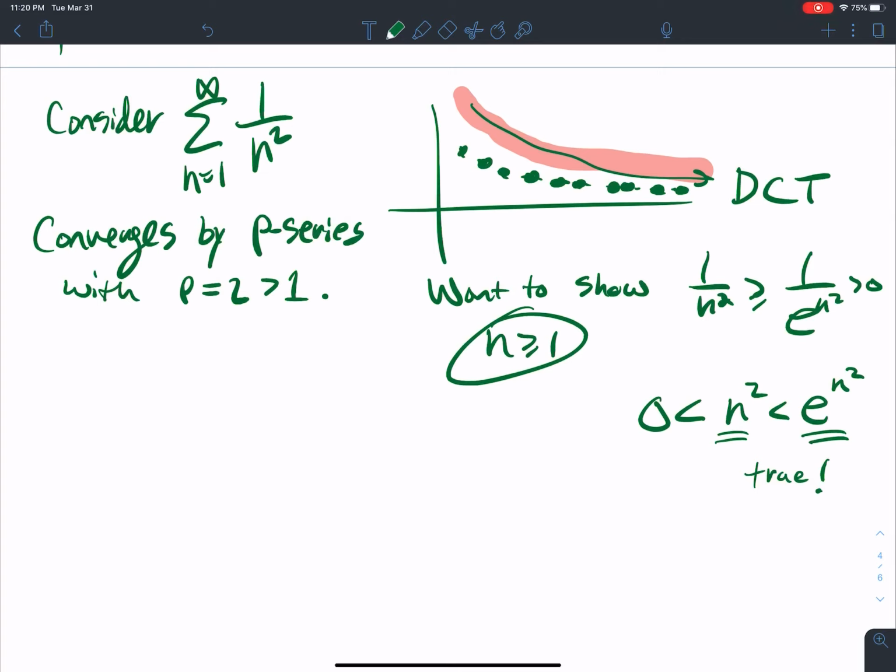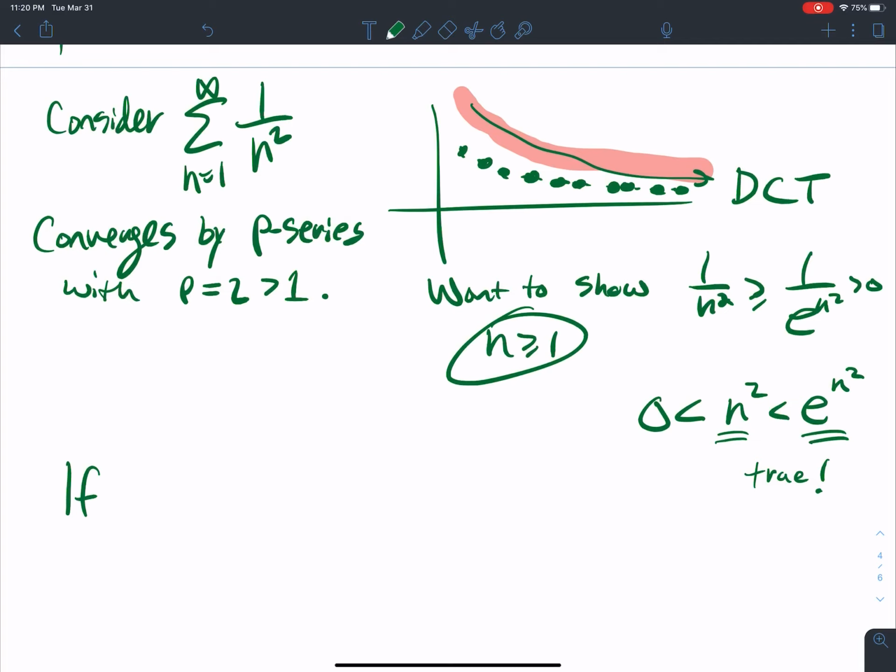Now let's think about the conditions for the direct comparison test. The direct comparison test says that I need to have what?